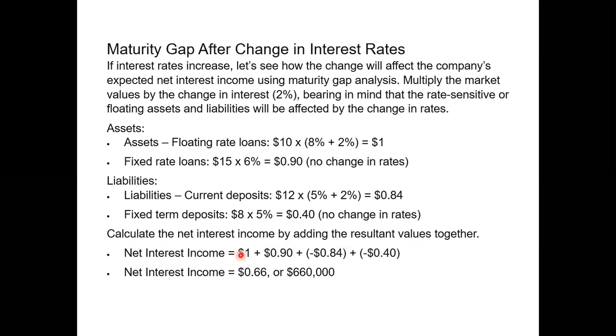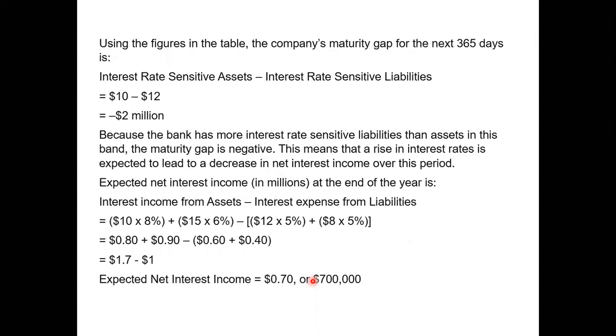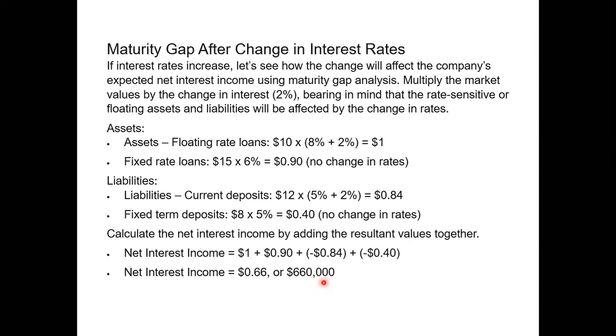So calculate net interest income by adding the resultant values together. How much net interest income? 1 million plus 0.9 million minus 0.84 million minus 0.4 million, equal to 0.66. Now due to the increase in interest rate, the net interest income is 660,000, but earlier net interest income was 700,000.